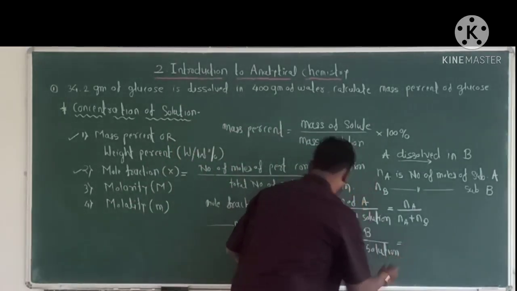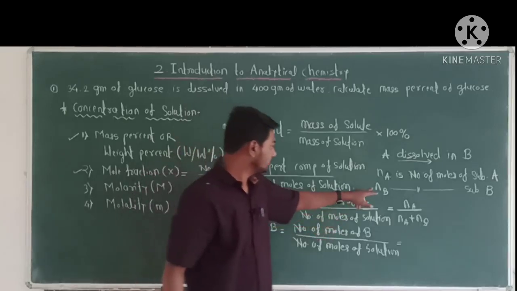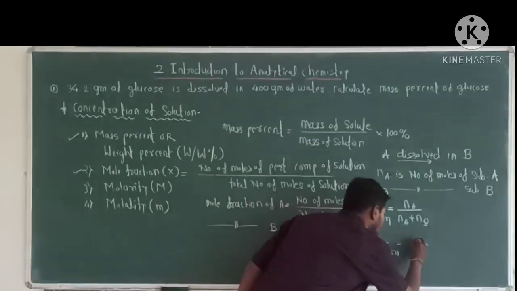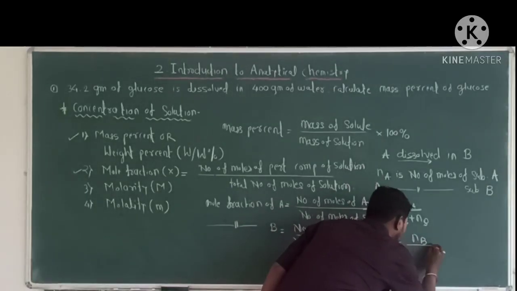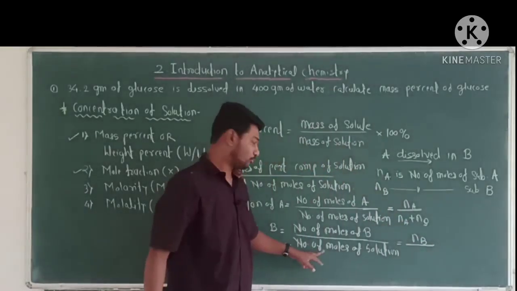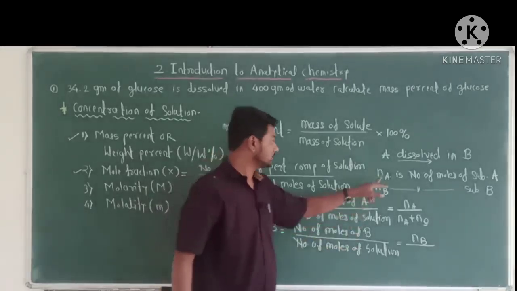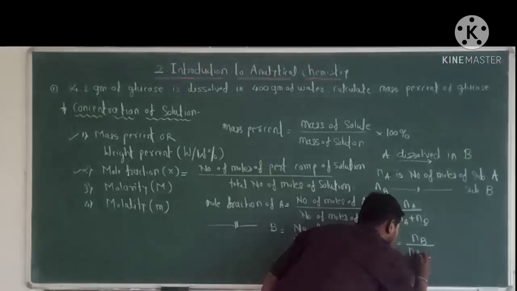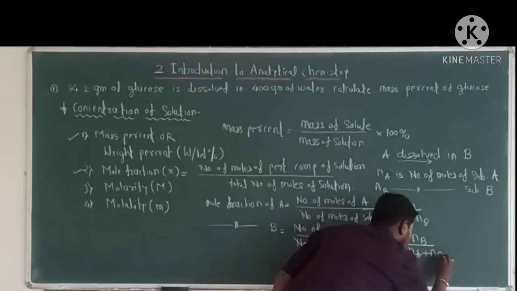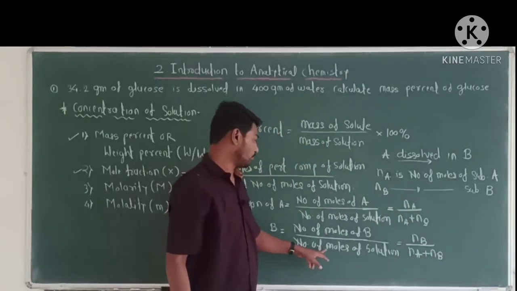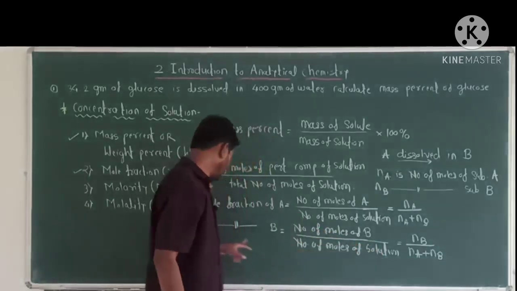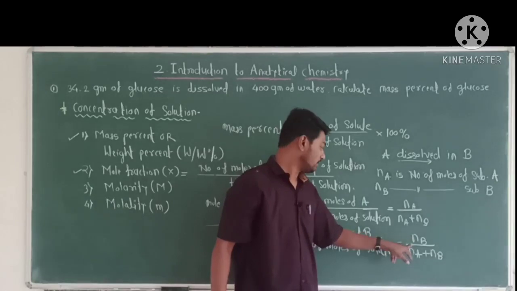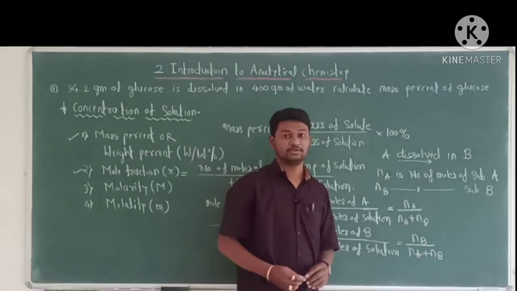Nb is the number of moles of substance B, divided by the number of moles of solution, that is Na plus Nb. So the mole fraction of B is Nb upon Na plus Nb.